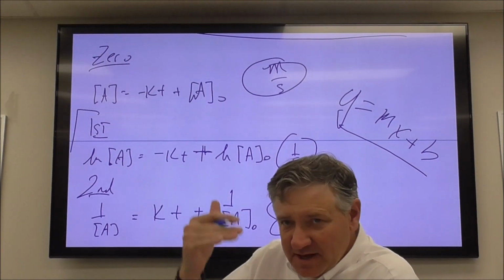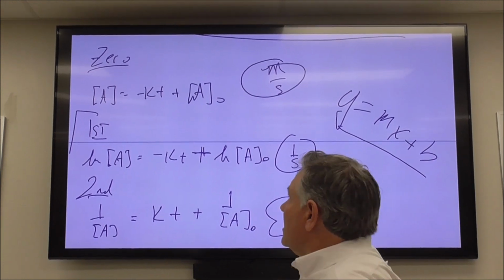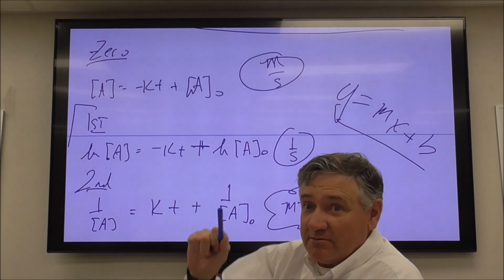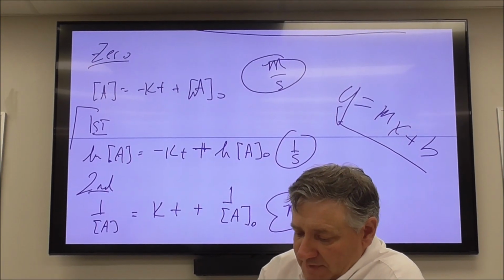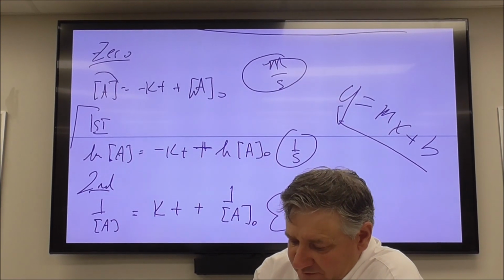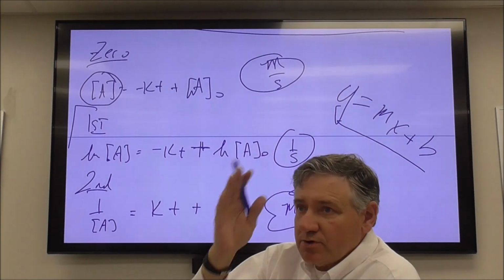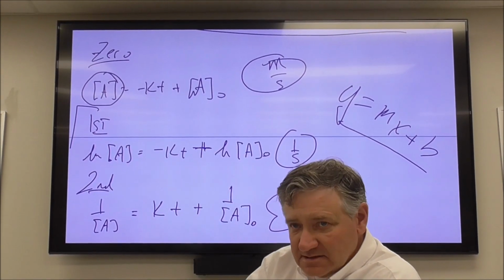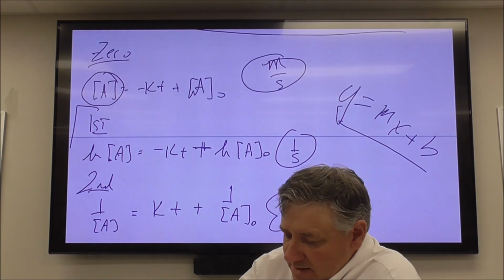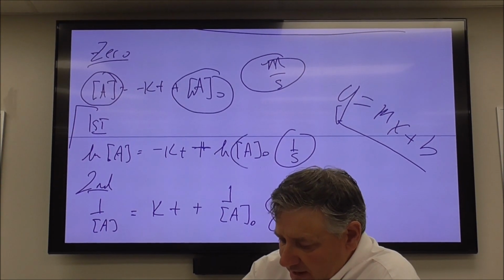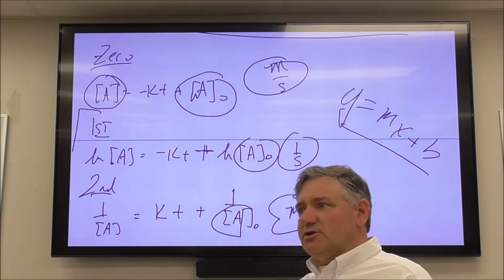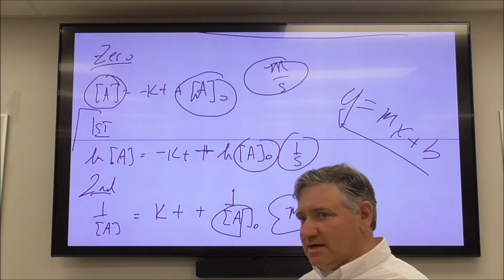So, let me kind of lay out the format for all of these. They're all in the form of a linear function, y equals mx plus b. So what that means is that if it's zero order, you would graph the concentration of A on the y-axis. Then all of these involve A naught. A naught is the initial concentration of the substance at time 0.